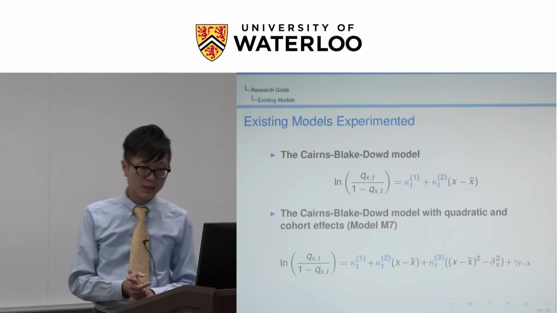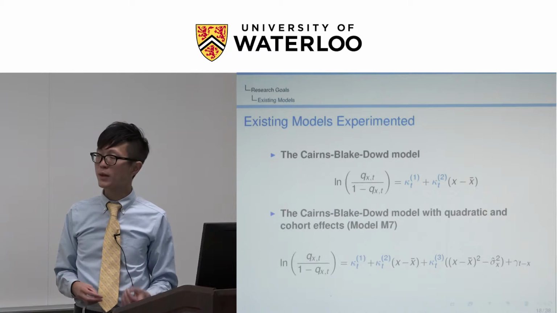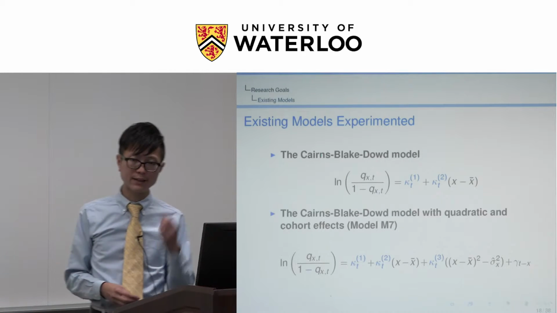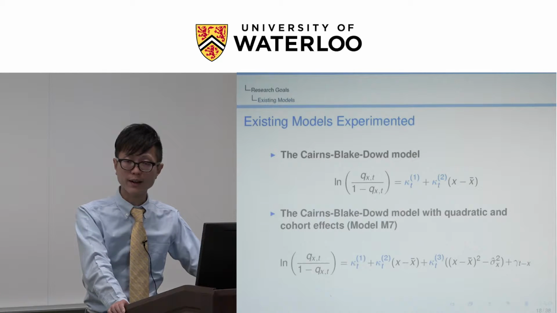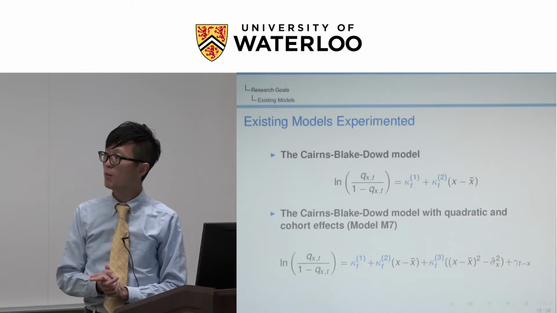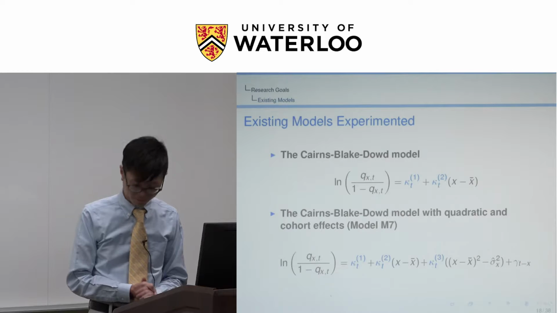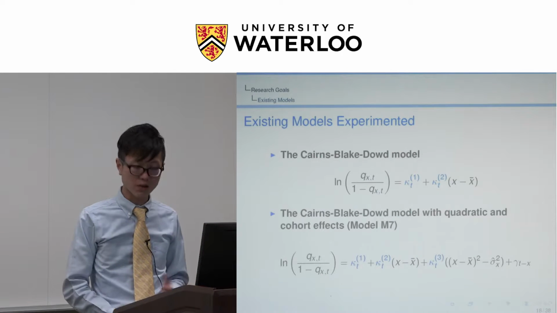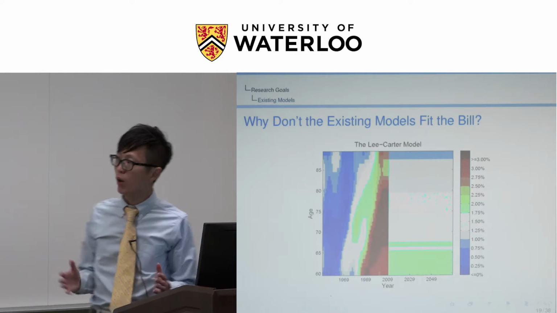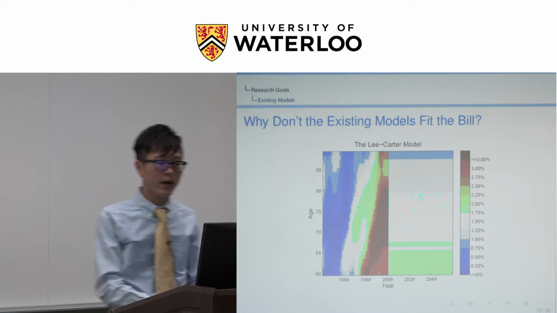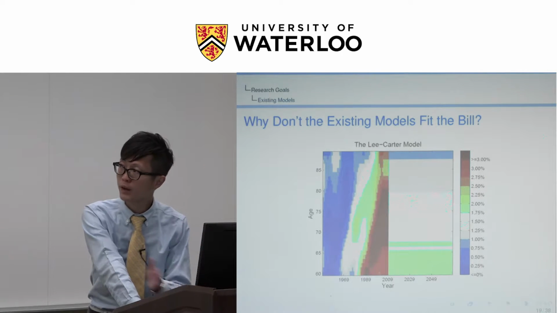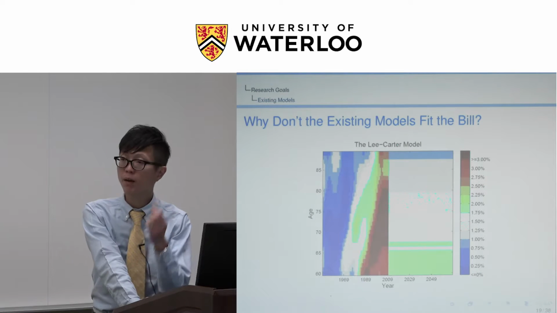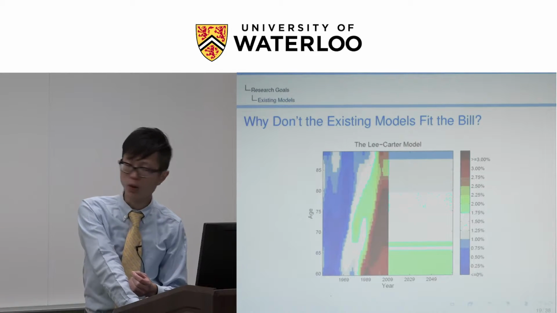We have the class breakdown model. We have also experimented with an extended version of the class breakdown model, which is commonly known as Model M7. So let's see if these models can satisfy our criteria. This shows the projected mortality improvement rates implied by the Lee-Carter model.